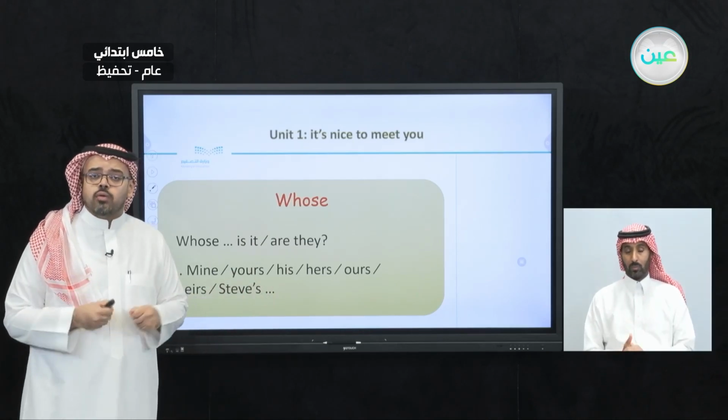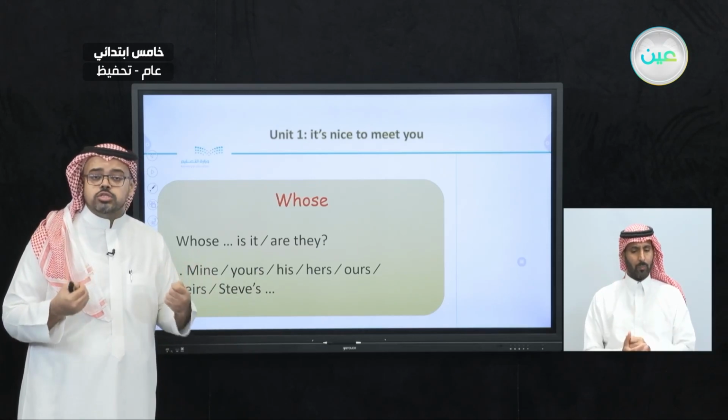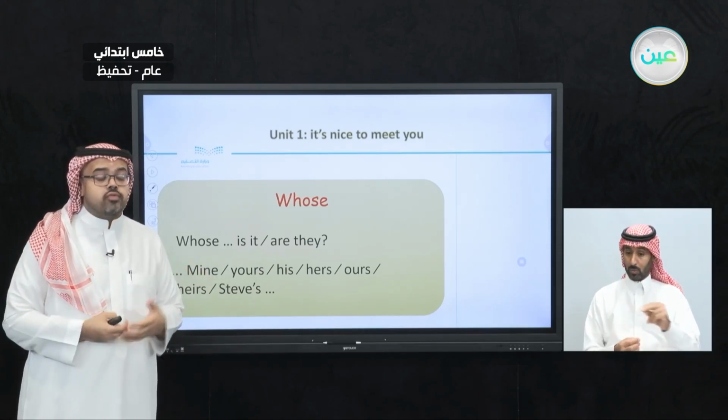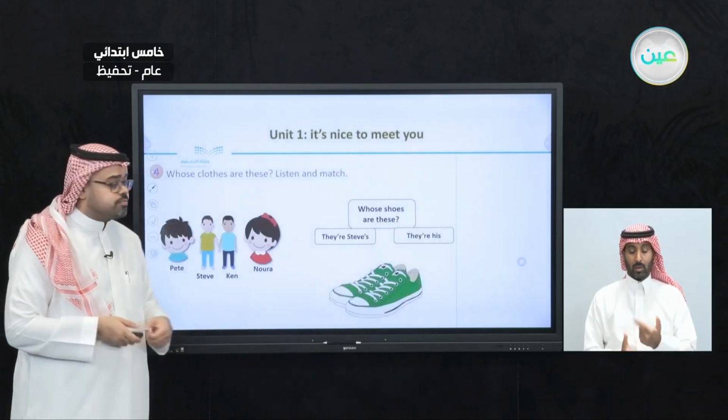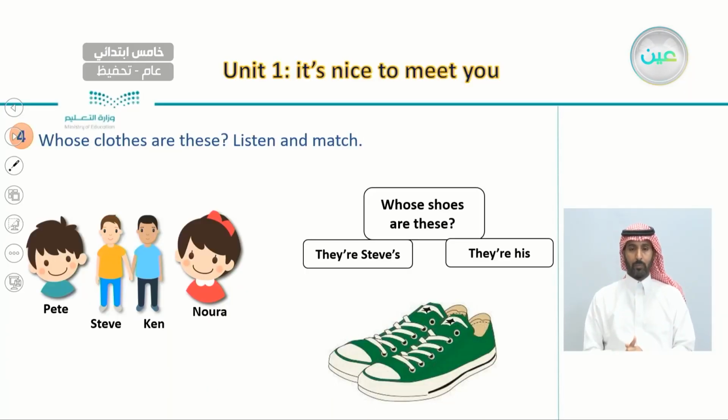Let's get to know more examples of how we can ask this question and also how to answer. So here in number 4, we're going to ask about different clothes, and about these four different people.